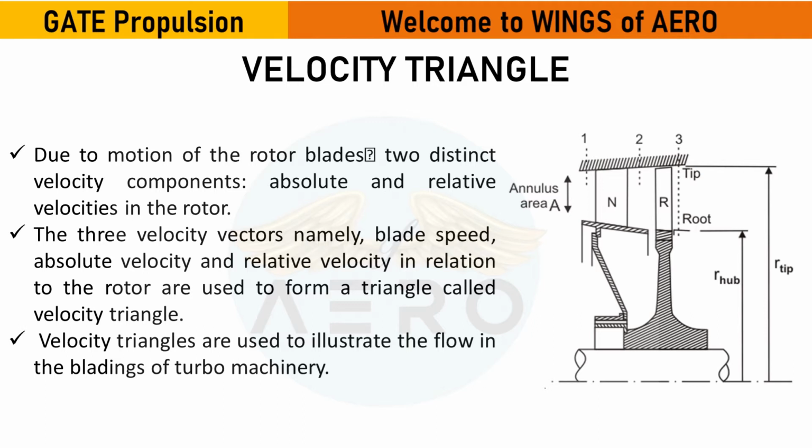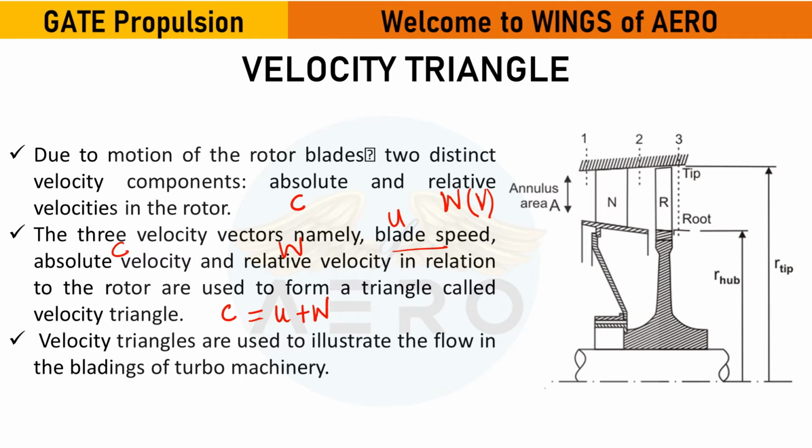One is absolute, which we denote by capital C, and relative is W. In some textbooks we have also considered V or W. There are some more connecting velocities: blade speed U, absolute velocity C, and relative velocity W. The relation between these is called the velocity triangle.